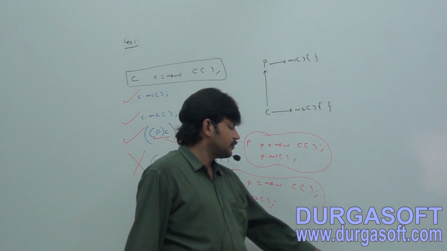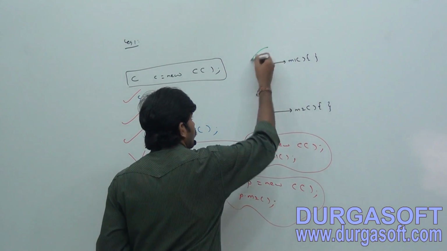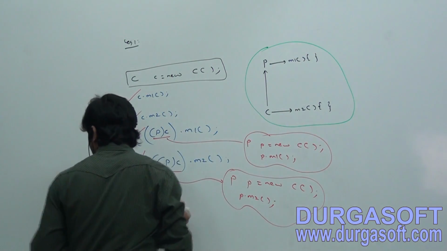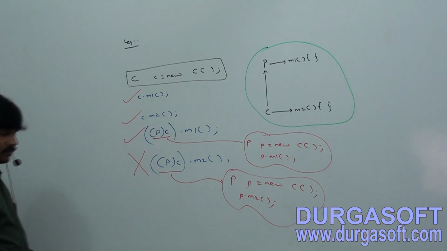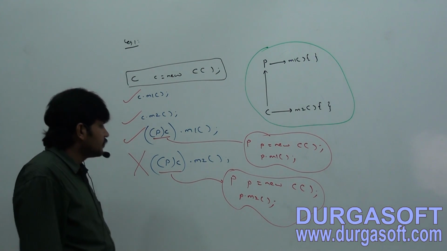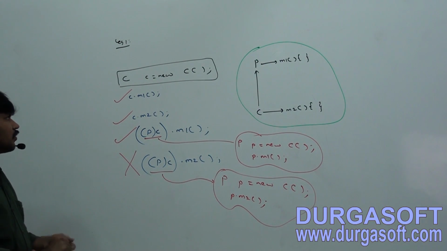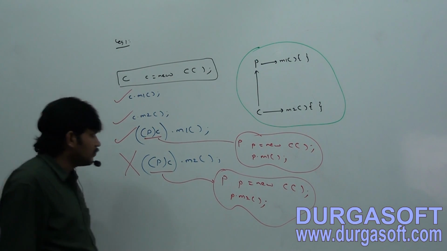Make sure. Completed, right? Child C is equal to new Child, C dot M1, C dot M2.